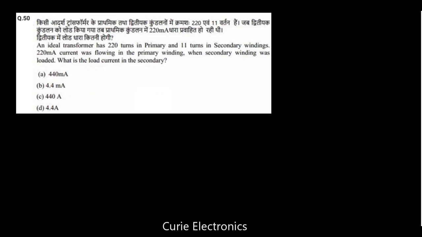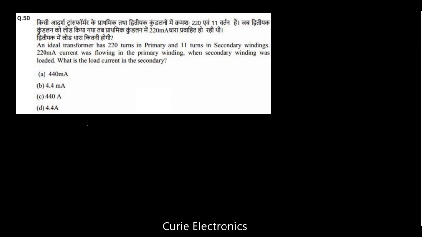An ideal transformer has 220 turns in the primary and 11 turns in the secondary windings. 220 milliamps current was flowing in the primary winding. When the secondary winding was loaded, what is the load current in the secondary?